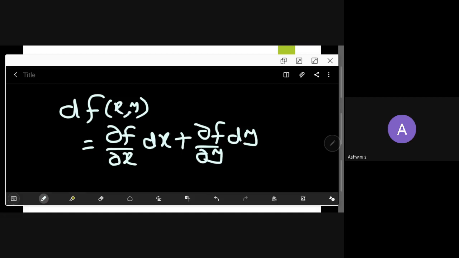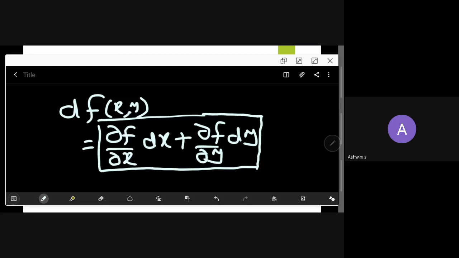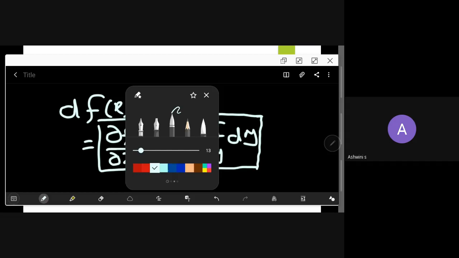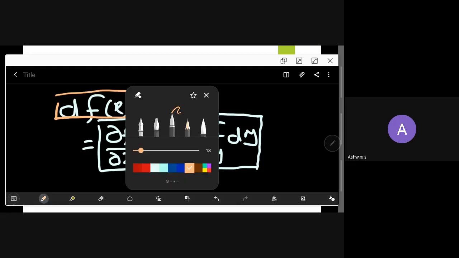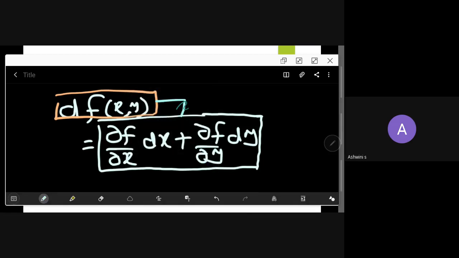This right hand side is called the differential of f(x,y). How can we compute that? We can compute that by using this formula.